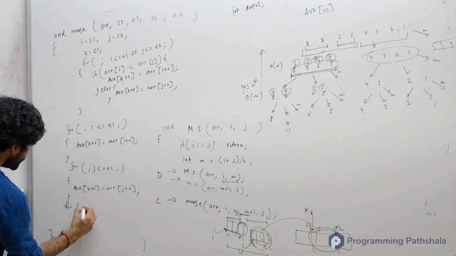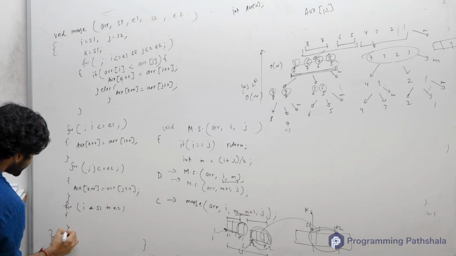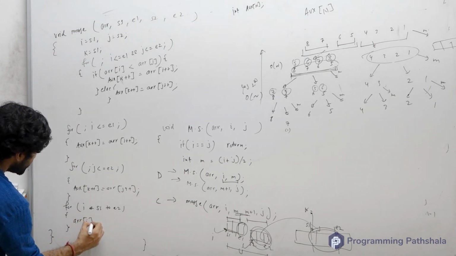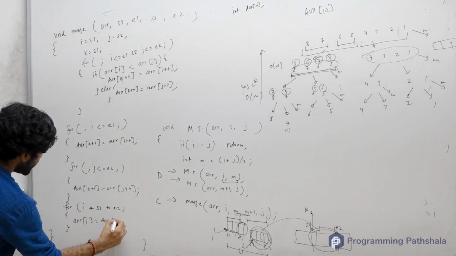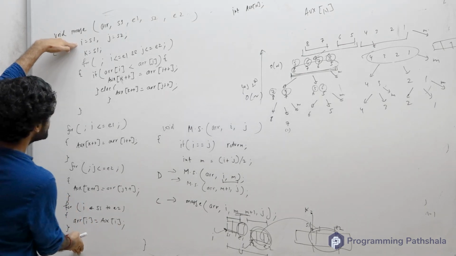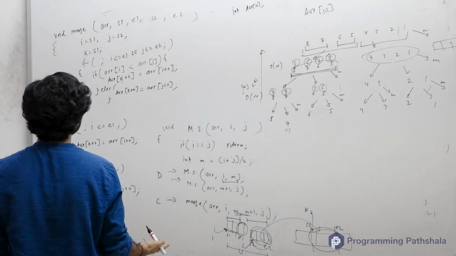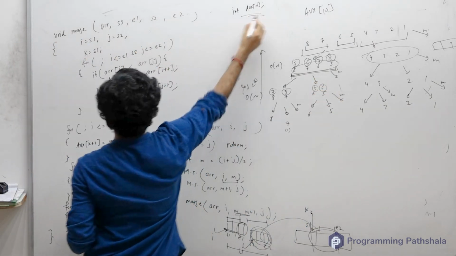I can run a loop from i equals S1 to E2, and simply say original array of i equals auxiliary of i. That's it. And now you can see that this thing which is running at each level can very easily run with the same auxiliary array.